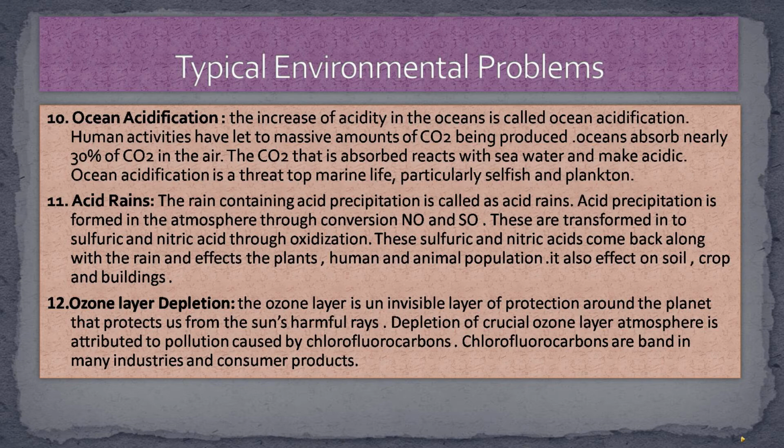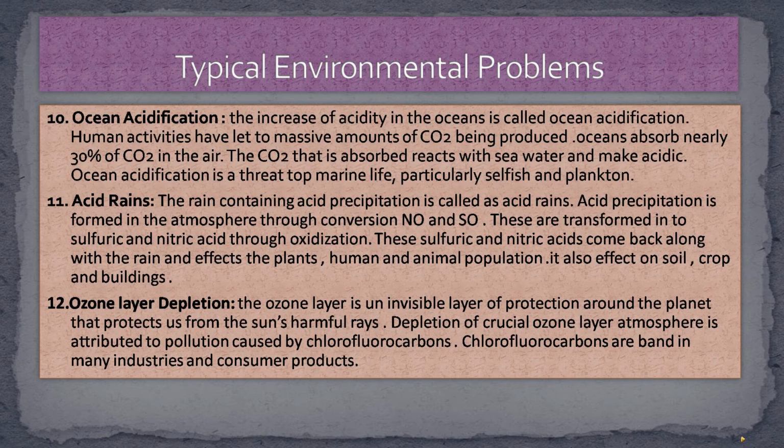Next, another environmental problem is ozone layer depletion. The ozone layer is an invisible layer, means we are not able to see it, that is protecting the planet and protects us from the sun's harmful rays.